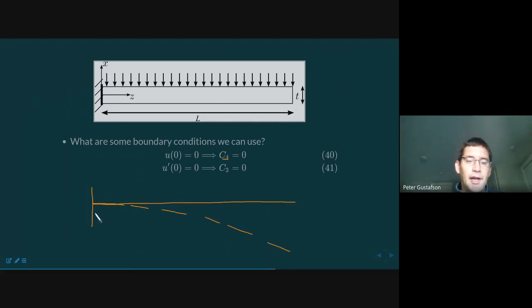And what we're seeing here is at the root, at this location here, the slope is 0 intuitively, and that's the boundary condition that we're using. The slope, also in my notational scheme here, we're going to call it u prime, so it's the first derivative. On the prior slide, we said that that also could be called theta, but lo and behold, that's going to be equal to 0.